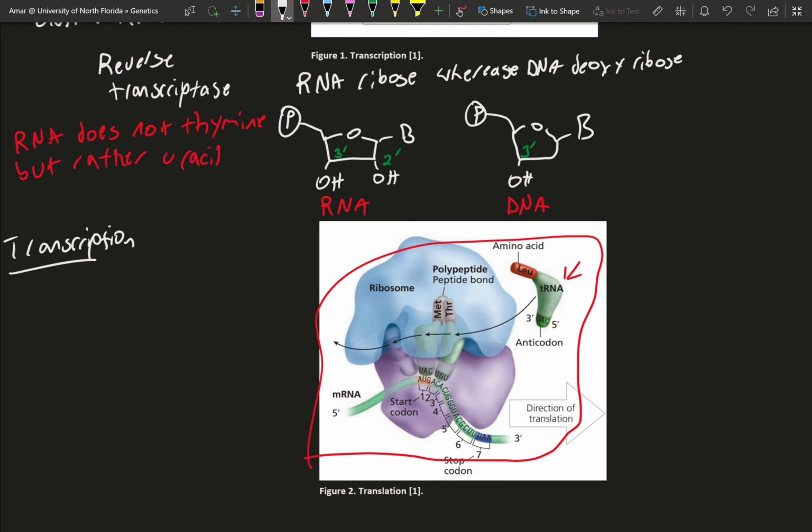So if you ever get confused on the difference between them, just remember that in transcription you're not really changing the format of your language, you're just rewriting it in a different way. But in translation, you're going from DNA nucleotides to RNA, which are fairly similar, and then changing that into something completely different, like proteins.